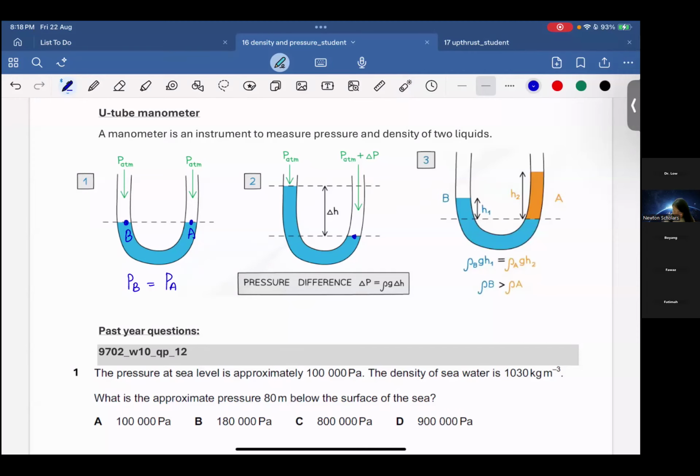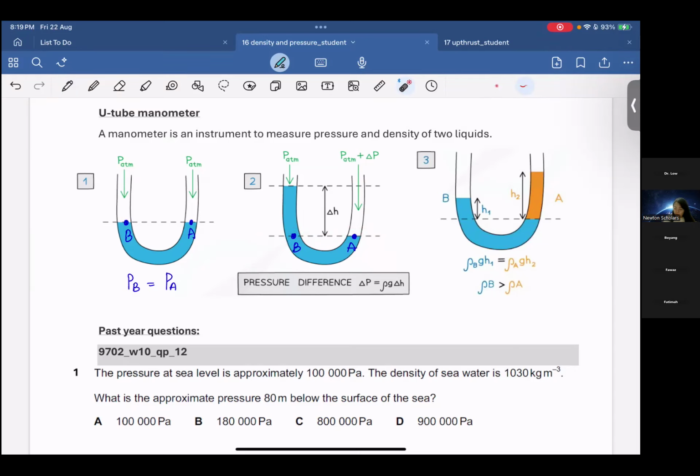So we choose the lowest level here, this point B and point A. We choose the lowest part of the liquid level, then draw a horizontal line. So you will know that points B and A have the same pressure because they have the same liquid level at this point. So point A here will have the same pressure as point B.